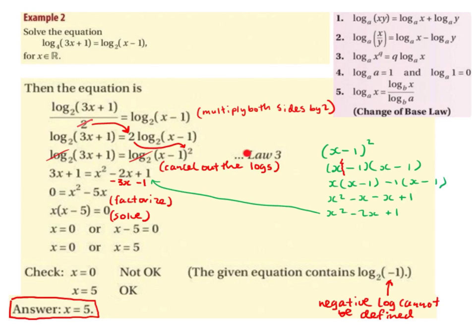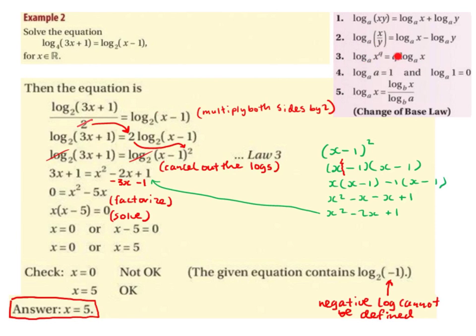Now I'm going to use law 3 of logs in reverse to bring this 2 that's in front of my log to be the power at the end of my log. So law 3 says log base a of x to the power q is equal to q log base a of x. And I'm actually using this law in reverse. So I'm going from q log base a of x to log base a of x to the power q.